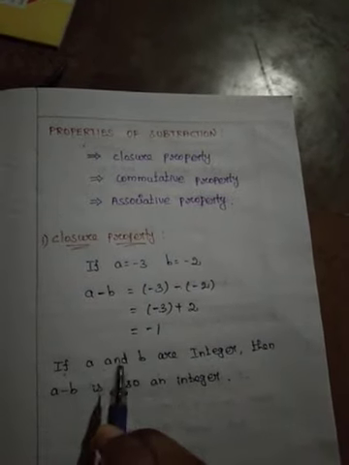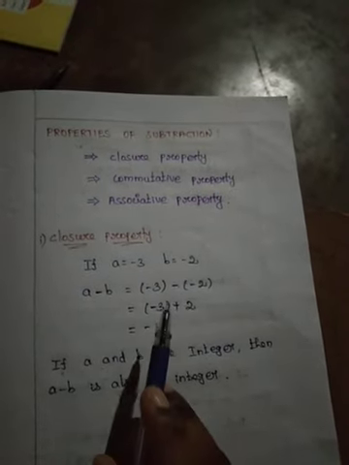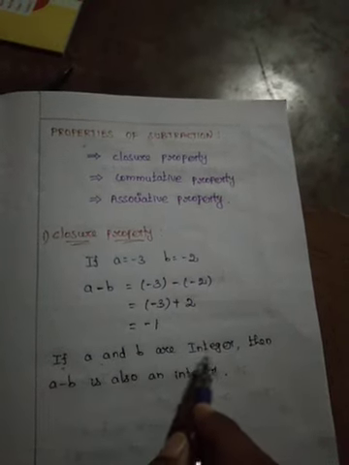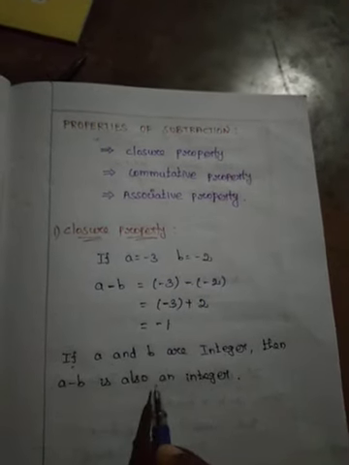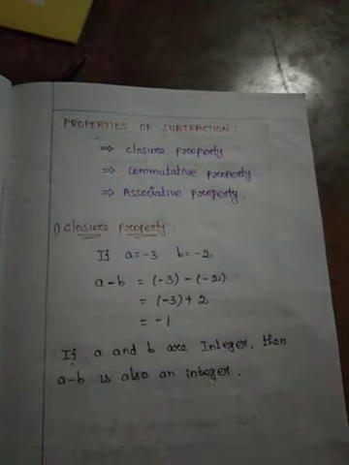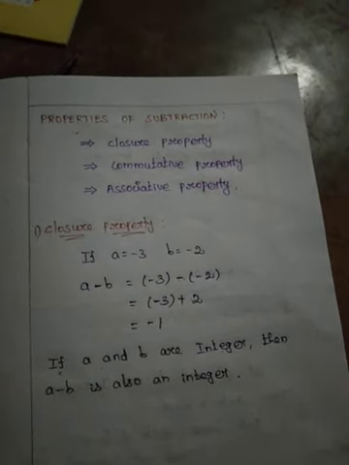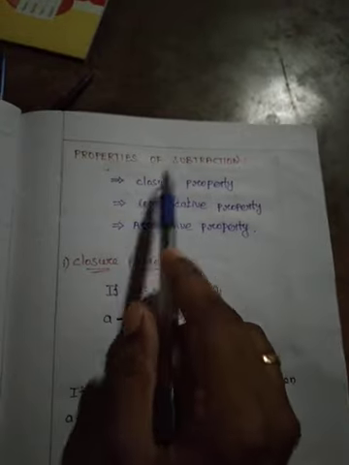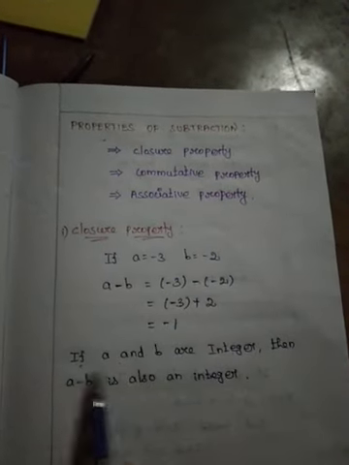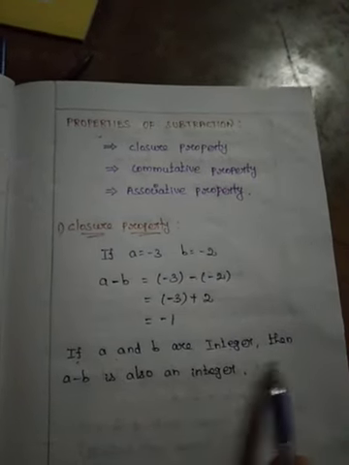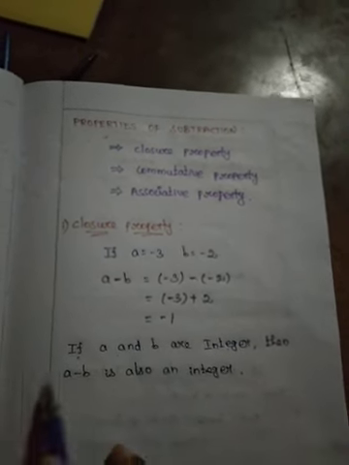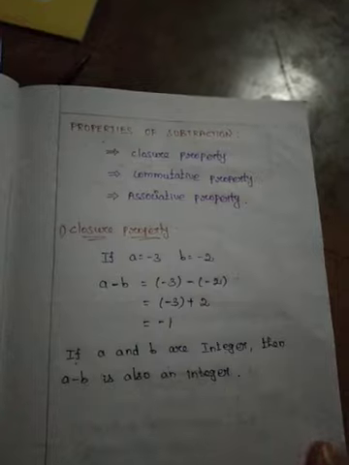What is the closure property in addition? Same thing: if a and b are integers, then a plus b is also an integer. That is the property of addition. For subtraction, closure property, if a and b are integers, then a minus b is also an integer. Both are the same, but only the sign differs. Okay.